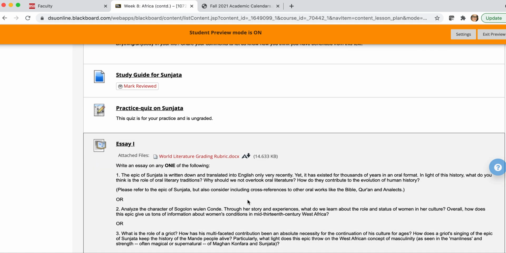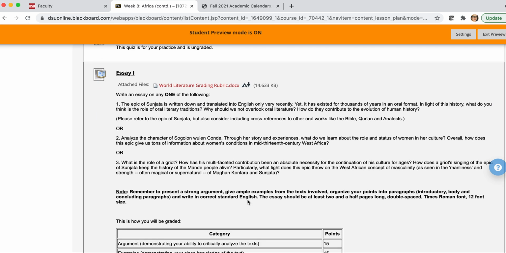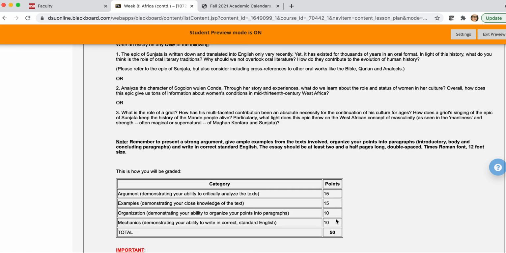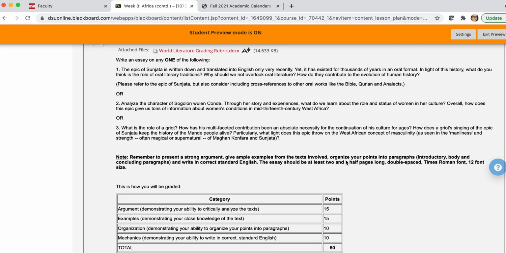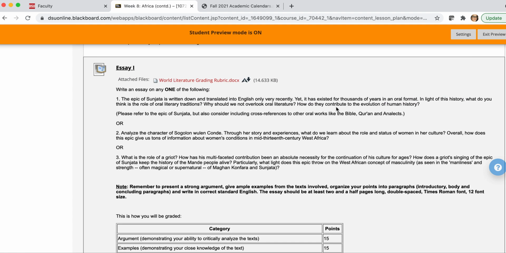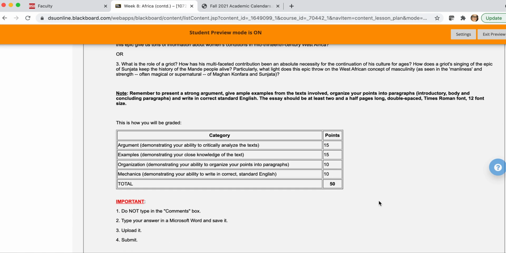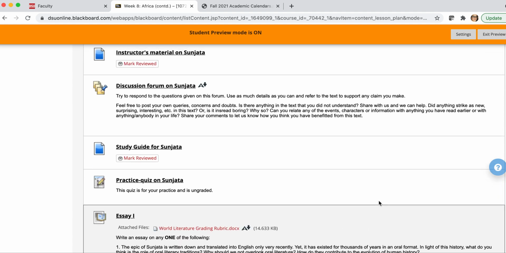And now here, at the end of this week, there is an essay. And so for this essay, this is what it's being graded on: argument, use of examples, overall organization, and mechanics. And you have 3 possible questions to answer. You choose one. And then that would be the completion of that week.